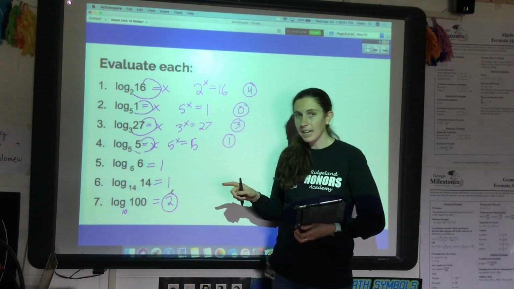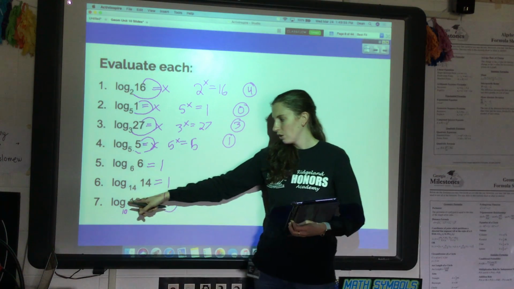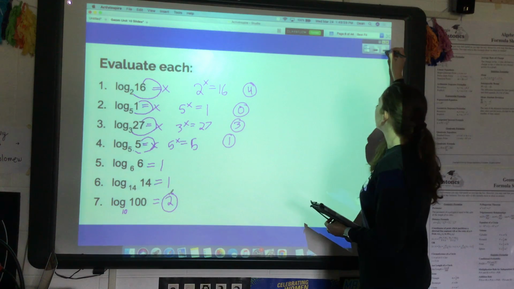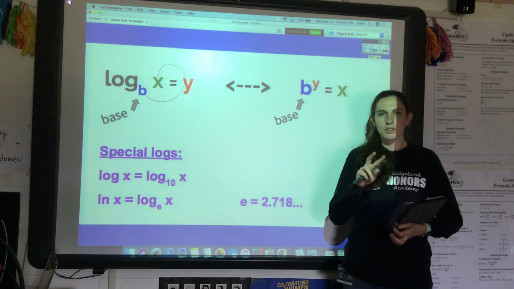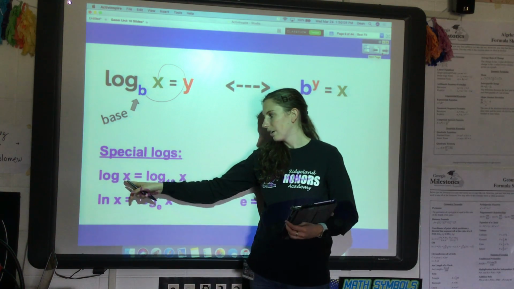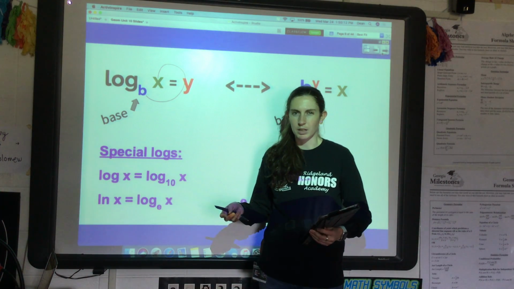But in the TI-84 and in your phone calculator, you can only do just plain old log. And there's actually one other one you can do. Let me show you this. So there are two kind of special logarithms. One is the one we just talked about. If nothing is written, it's understood to be base 10. We use that one quite a bit.